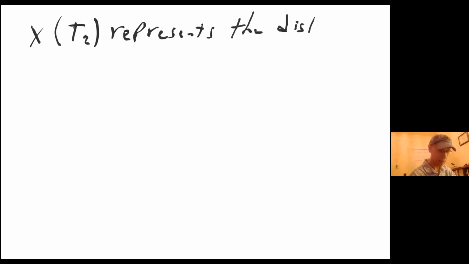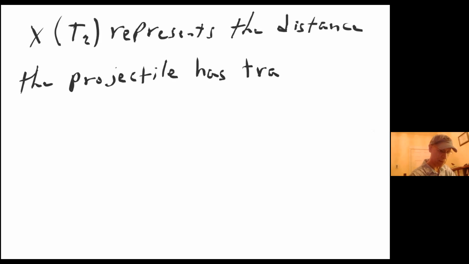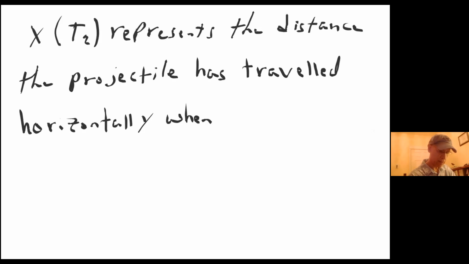Going to the next page, x of t2 represents the distance the projectile has traveled horizontally when it is at its maximum height.